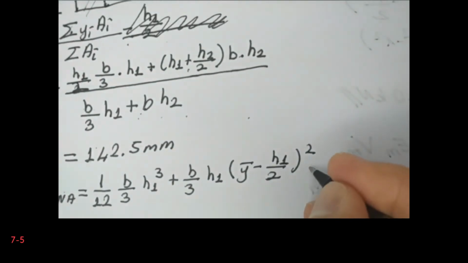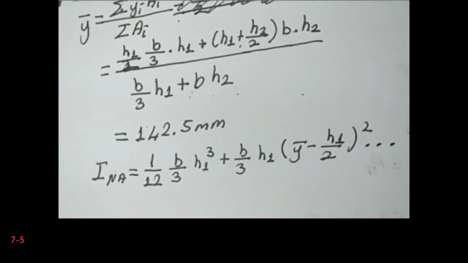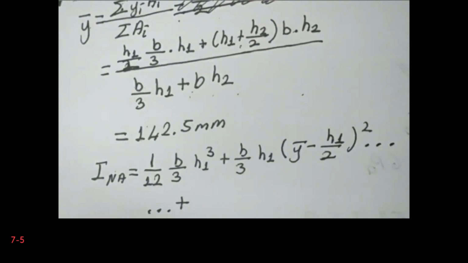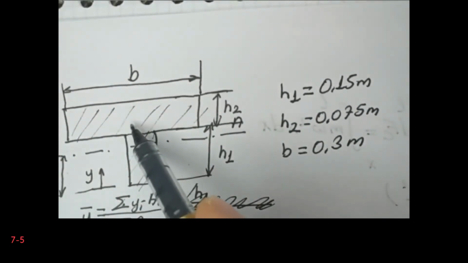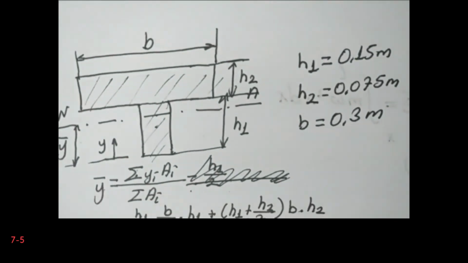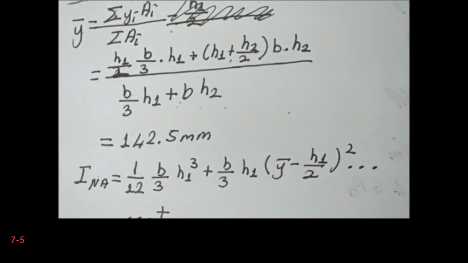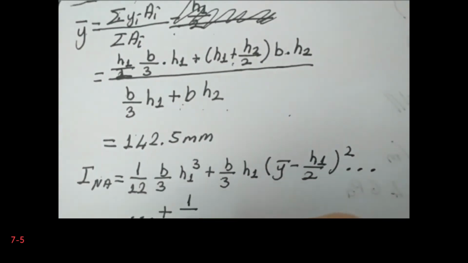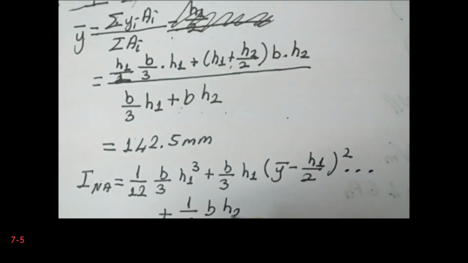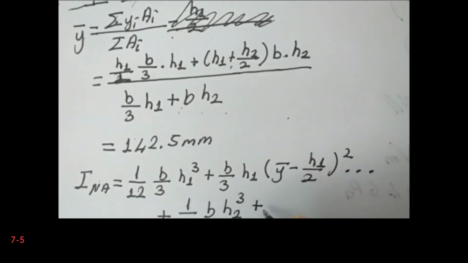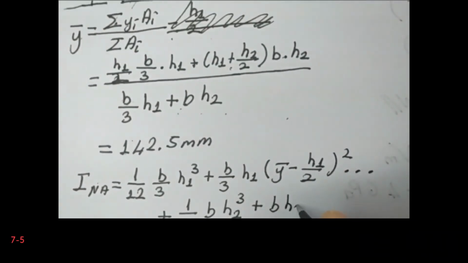I will continue below. Plus, now the moment of inertia of the flange, it is 1/12 b h2 cubed plus the area of the flange, because we will shift the moment of inertia to the neutral axis, b multiplied by h2.